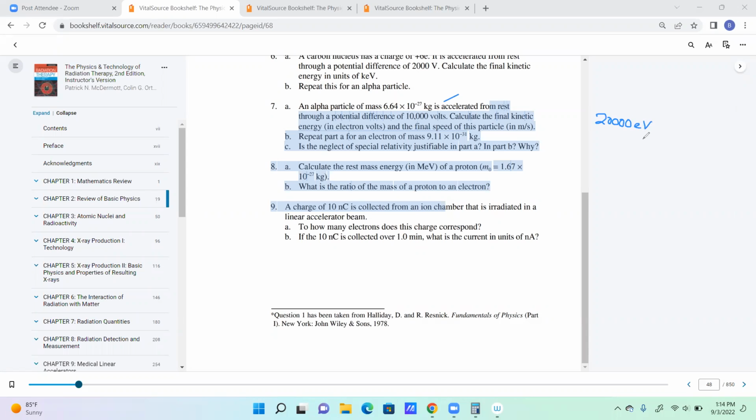Unfortunately, electron volts doesn't immediately give us the ability to convert straight away into meters per second. So we're going to have to figure out how many joules this happens to be. How do we convert electron volts into joules? Well, let's take a look here.